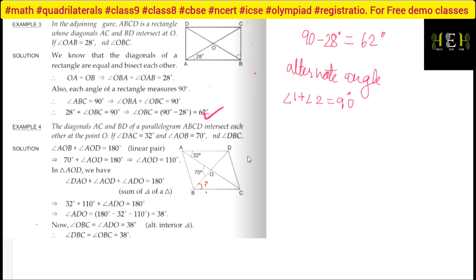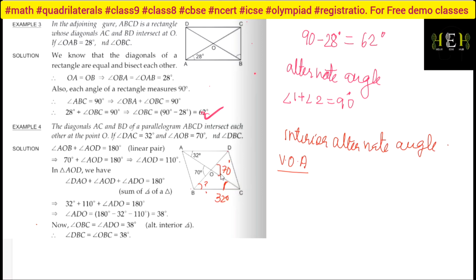DBC means I have to find out this angle, right? Now see, they have already told us this is a parallelogram, so I can directly say that this angle is also 32 degrees, right? Why? Because of alternate interior angles. Now when these two angles are equal, and I have 70 degrees, this one is also 70 degrees, right? Why? Vertically opposite angles.